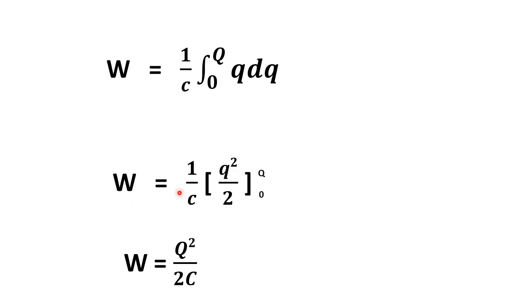You get W is equal to 1 by C times Q square by 2. Integration of Q is Q to the power 1 plus 1 by 1 plus 1, that is Q square by 2.